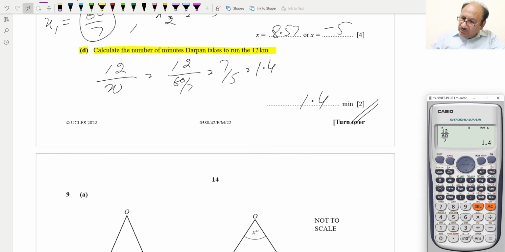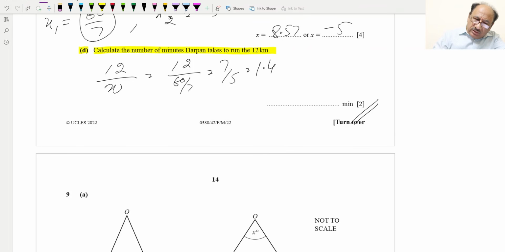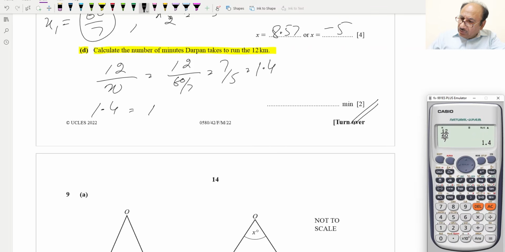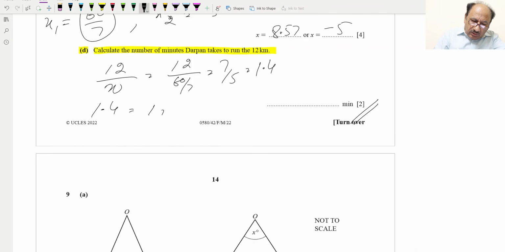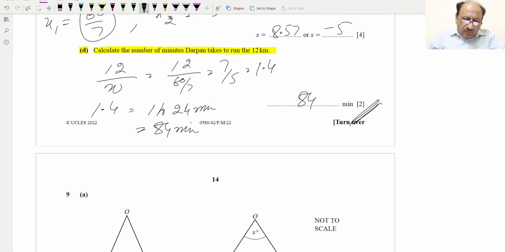So what we can do is write 1.4 as 1 hour and 60 into 0.4, and we can convert, just press this button, so this will be 1 hour and 24 minutes, and this will be equal to 60 plus 24, which is 84 minutes. Basically 84 minutes will be our final answer for this question.